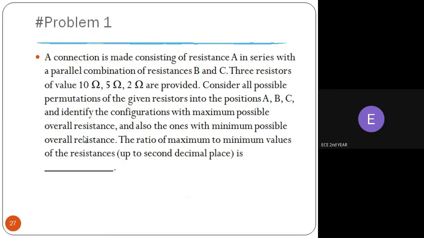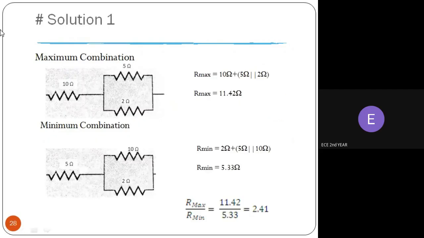So automatically the 5 ohms and the 2 ohms should be connected in parallel. The 10 ohm is connected in series with the parallel combination of 5 and 2 ohms.